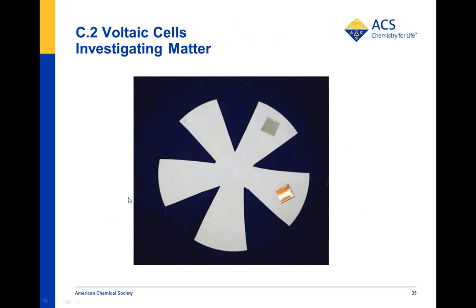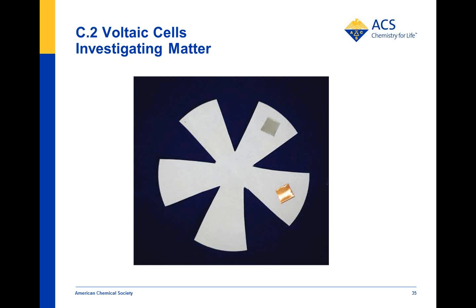Then we go on to investigating matter C2, and this one is structured slightly different than some of the other investigating matters. Here, in the preparing to investigate, they're actually in the lab working through and setting up a voltaic cell to help them ultimately ask questions. Now, this cell sort of looks like a complex thing.